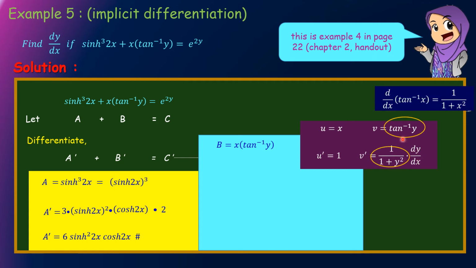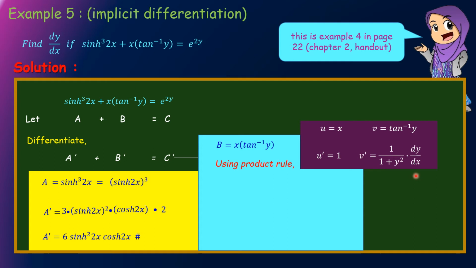How to differentiate inverse tangent y? We can refer to the derivative of inverse tangent x, which equals 1 over 1 plus x squared. So when we differentiate inverse tangent y, the answer should be 1 over 1 plus y squared. We just replace x here with y. And then we need to differentiate y, so the answer is dy over dx.